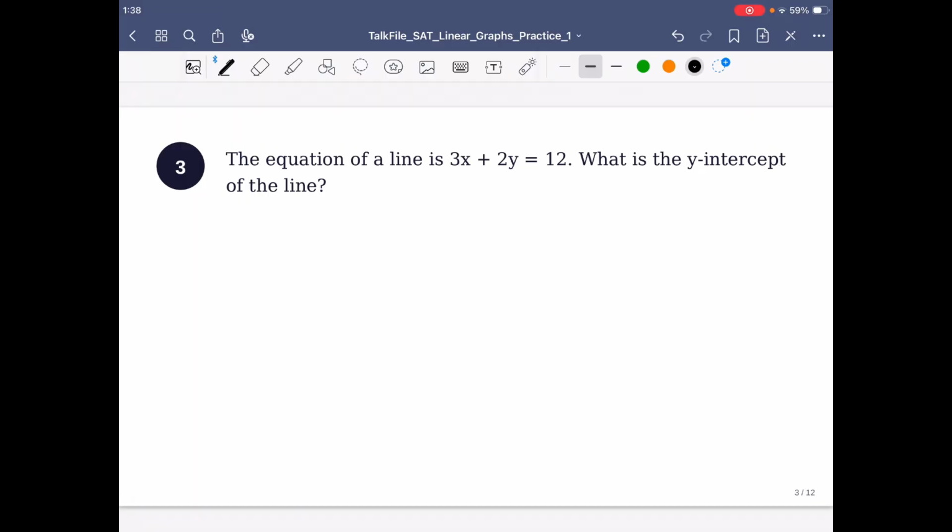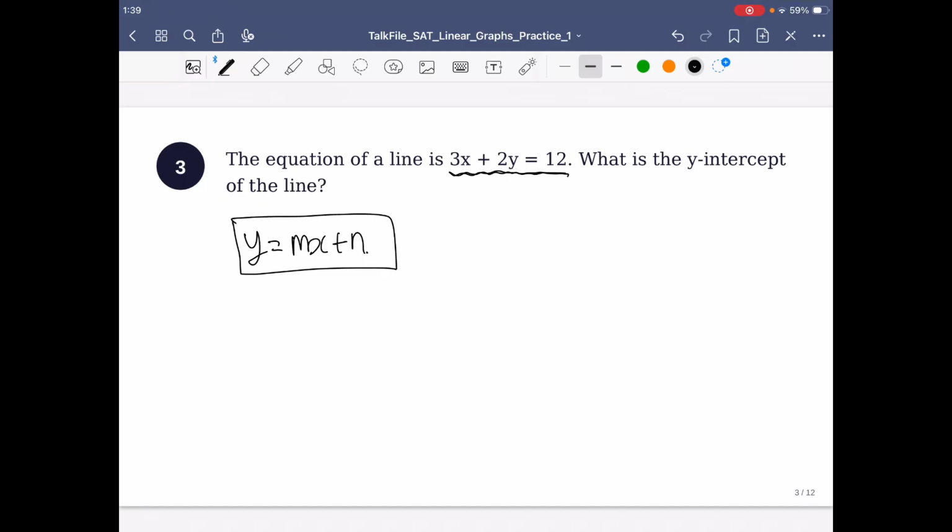Okay, this is another form of equation. So far we have only come across equations of the form y equals mx plus n. Actually, this is just a different form of the same equation.